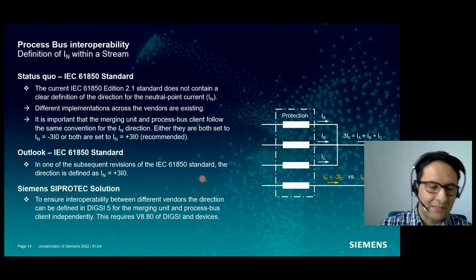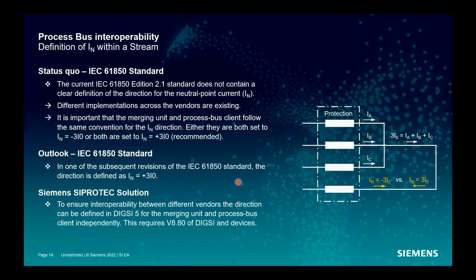In one of the subsequent editions, the neutral current is going to be plus 3I0 to guarantee the compatibility of the complete protection system. Now in our application, we can define the setting as minus 3I0 or plus 3I0, following the recommendation from the different manufacturers of merging units. That is also new in our portfolio.